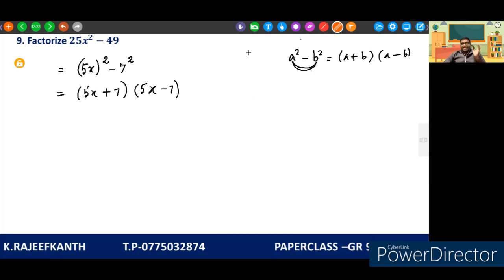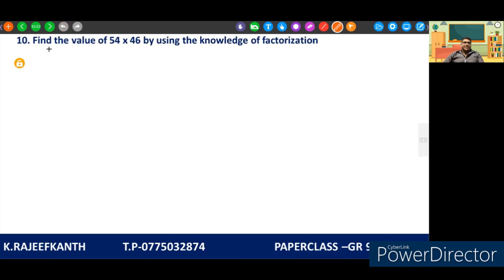In that concept we are using here, (5x) whole squared minus 7 squared. Here, difference of two squares, first we add these two terms, 5x plus 7, then we subtract, 5x minus 7. Then the factors of 25x squared minus 49 is equal to 5x plus 7 into 5x minus 7.